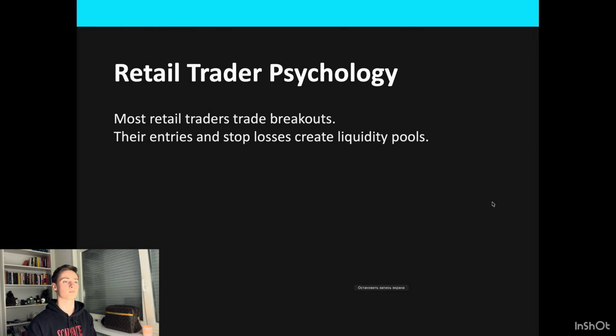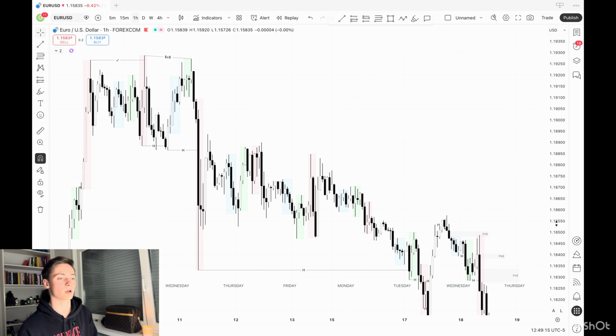And the biggest problem here is retail traders' psychology. Most retail traders trade breakouts. Their entries and stop losses create liquidity pools. So that's why in my opinion trend line and pattern recognition strategies don't work.